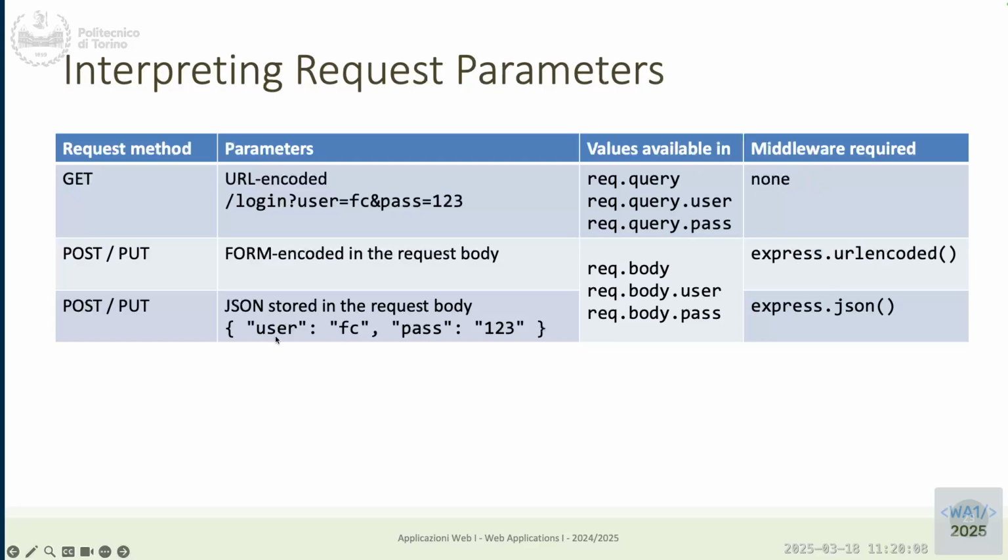But in other cases, like in our example, where we had some JSON that we want to pass in the body, there are some extra steps that should be done. And these extra steps are handled by the express.json middleware function. What it does is check whether the request has a content type JSON header.